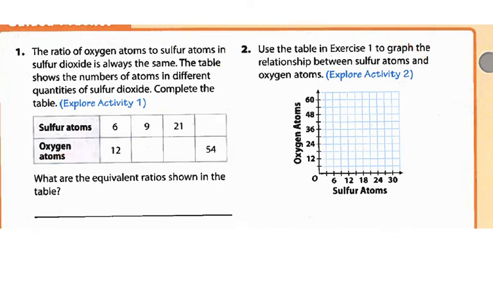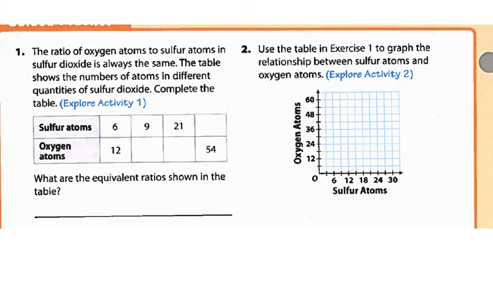It says here, the ratio of oxygen atoms to sulfur atoms in sulfur dioxide is always the same. The table shows the number of atoms in different quantities of sulfur dioxide. Complete the table. What you see here is your sulfur atoms and your oxygen atoms.